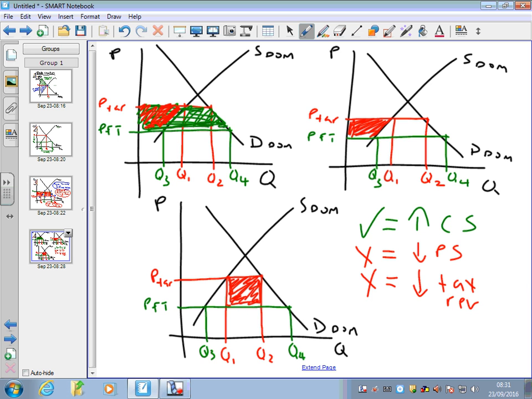We've just transferred producer surplus into consumer surplus. This one isn't a big benefit for society either, because this is basically taking money off the government and putting it in the pockets of consumers. So the only real overall net gain for society will be these two remaining green triangles.